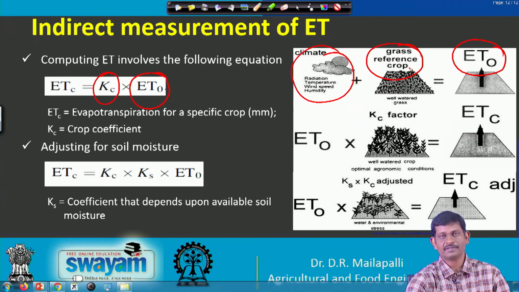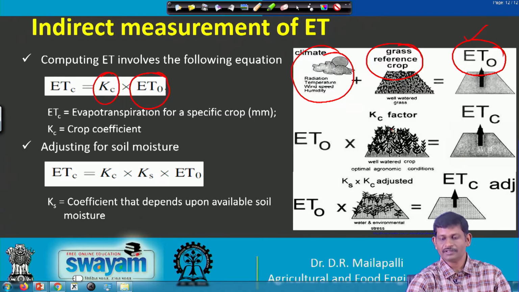This is a grass reference crop, 8 to 15 centimeters tall, completely covering the ground with no shadow on the ground, well watered, and uniformly grown over this area. So, this is how ET0 will be observed.